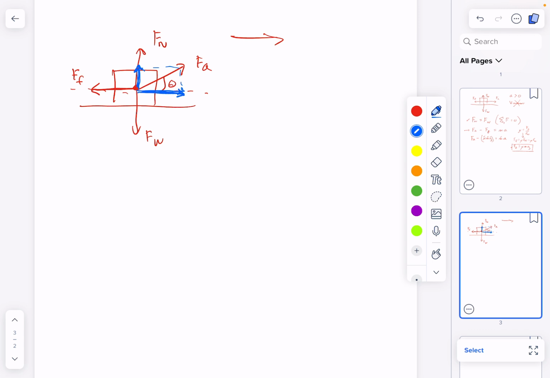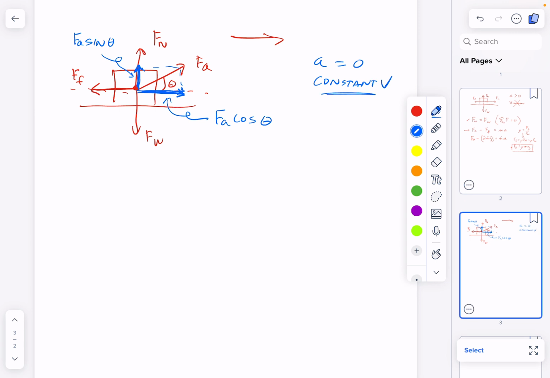This force right here is going to be my applied force times the cosine of theta. And this force right there is going to be my applied force times the sine of theta. Moving pretty rapidly here, so pause the screencast if you need to think about that for a minute. So now let's suppose that my acceleration is 0, which means I have a constant velocity.